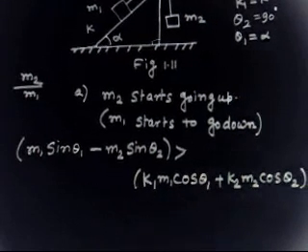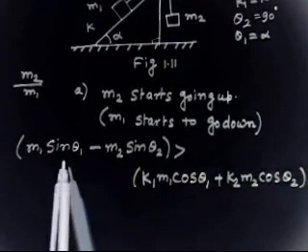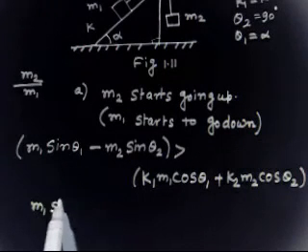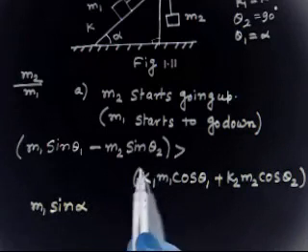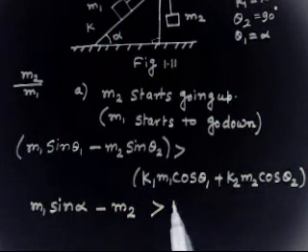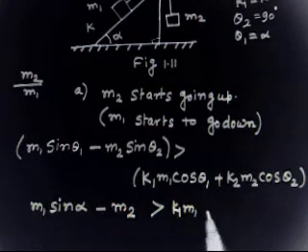Now plug in the values. θ1 is alpha, so this becomes m1 sin alpha. θ2 is 90 degrees, so this becomes m2 simply. This is greater than K1 m1 cos alpha, since θ1 is alpha.